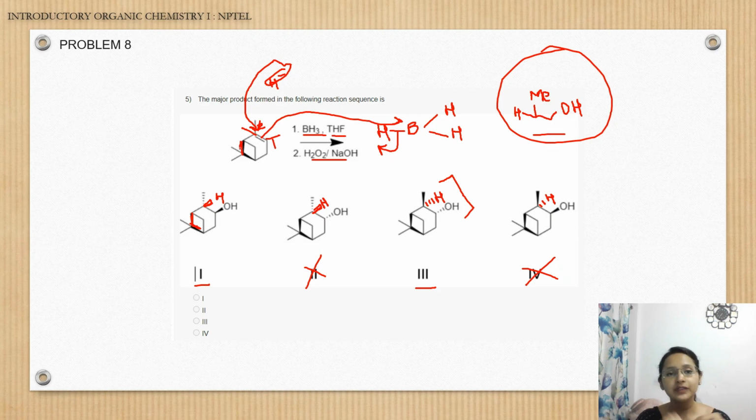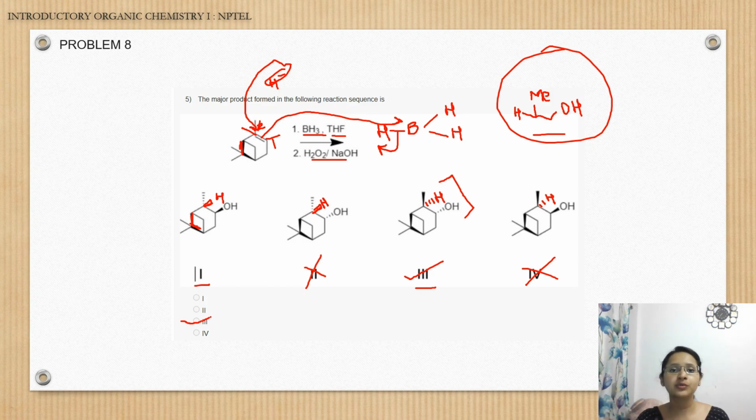If the ring is above the plane, then the hydrogen and BH2 will find it easier to add to the alkene from below because of the steric hindrance. So option number 3 will be the right answer, not option number 1. I hope it is clear.